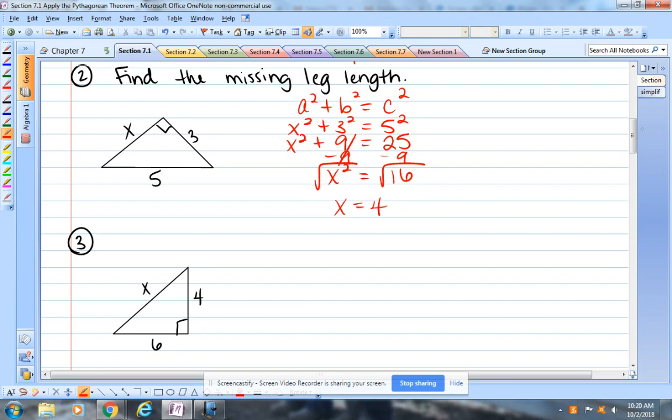Do not give me the decimal. Please reduce your radical. Simplify it. It will reduce. There is a square that goes into that number.